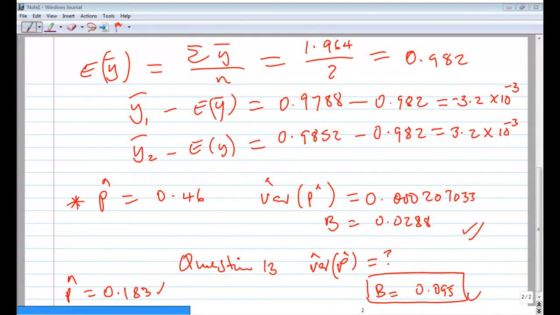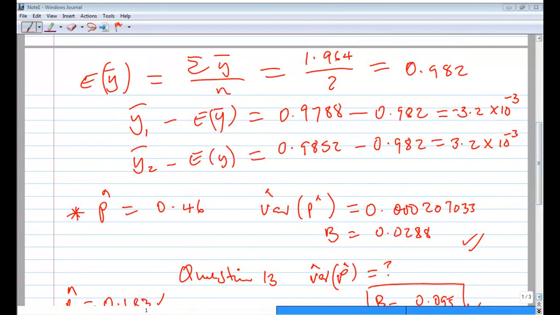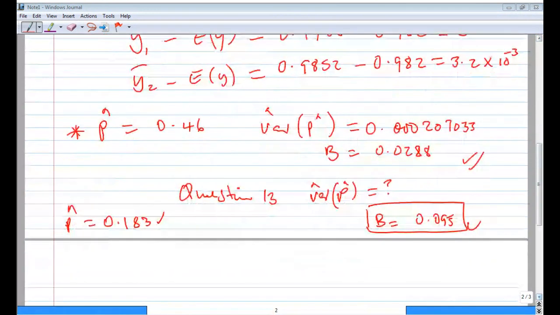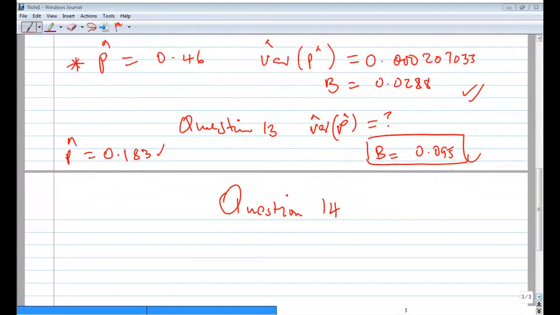Estimated population total. Then you find the estimated variance of that estimate.